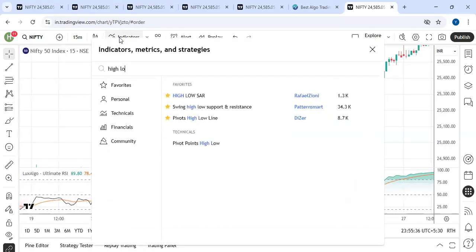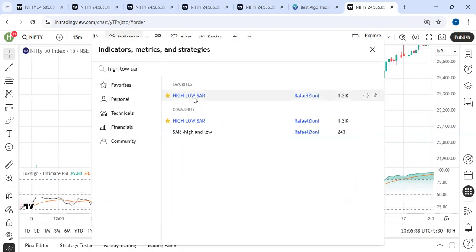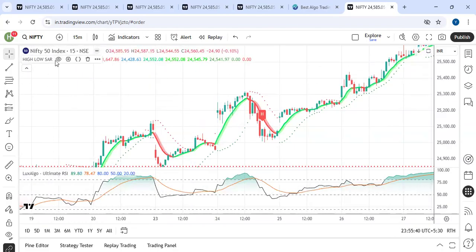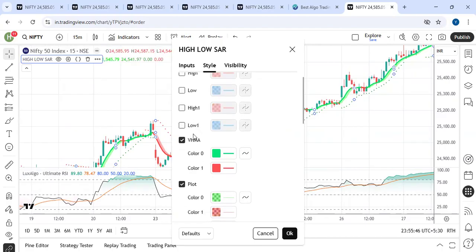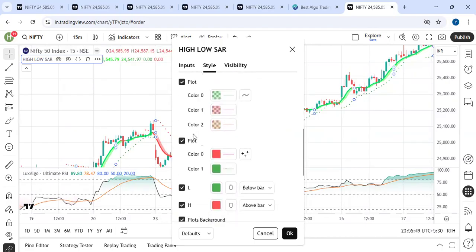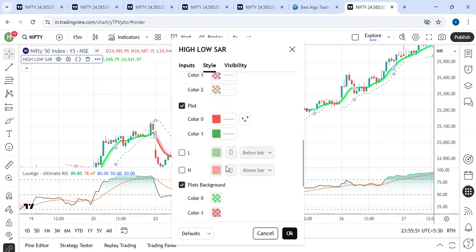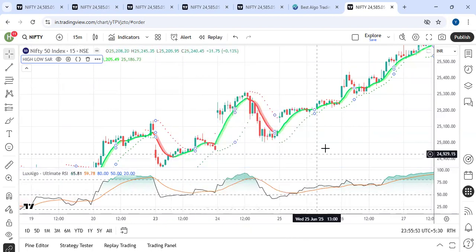Just make a note of this fabulous indicator as well. So this is high low SAR. Follow what I'm doing here. Okay, just do this. That's it. Okay.